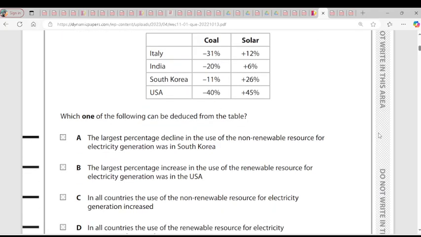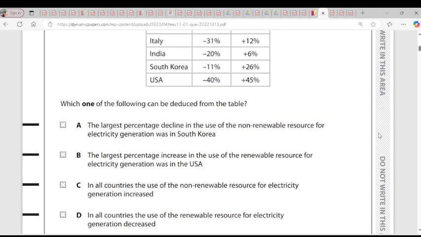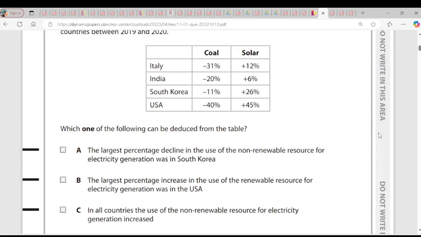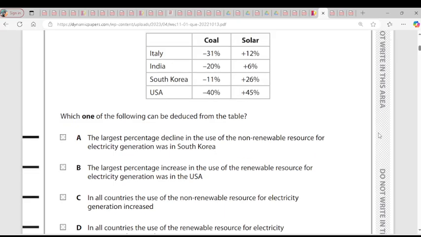So here they said, which one of the following can be deduced? The largest percentage decline in the use of non-renewable sources of electricity generation was in South Korea. No, it's not. The largest percentage increase in the use of renewable resources for electricity generation was in the US, which is yes, they had 45%. It increased by 45%.